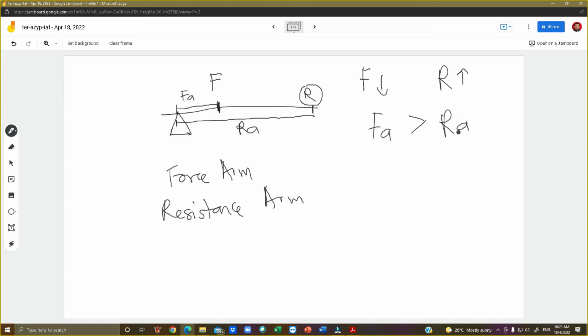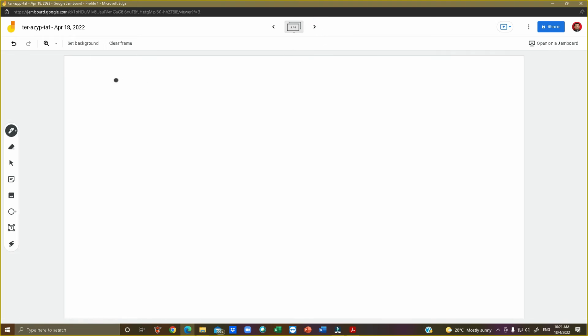But if we focus on the range of motion, we try to have more range of motion, force arm will be less than resistance arm. Ni dia. Okay, pasal kalau kita ada benda macam ni.